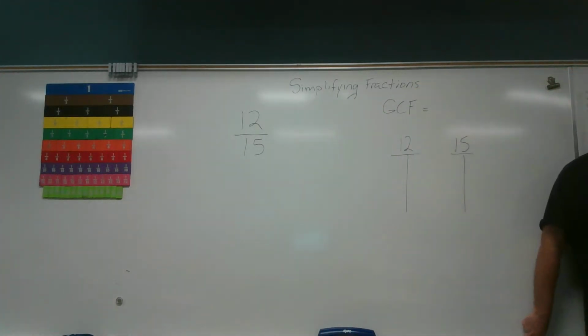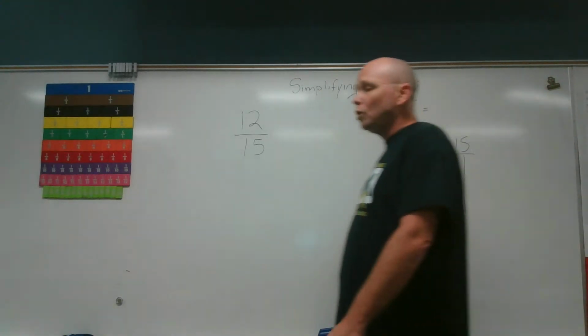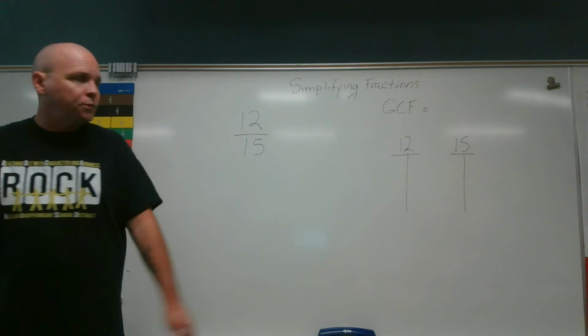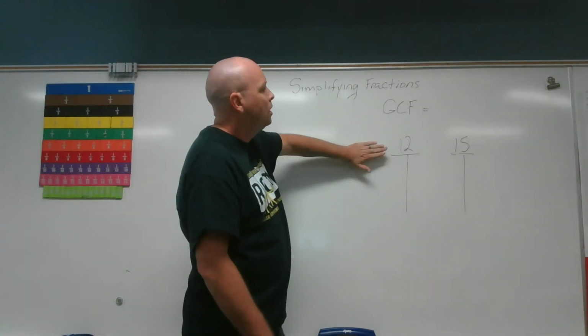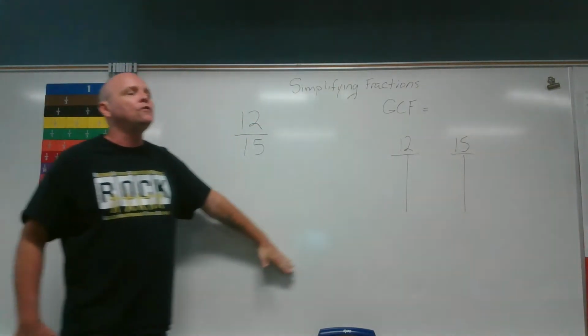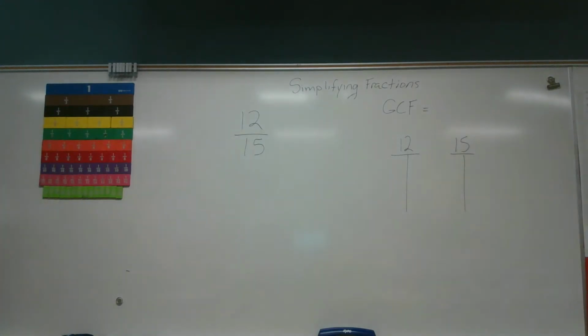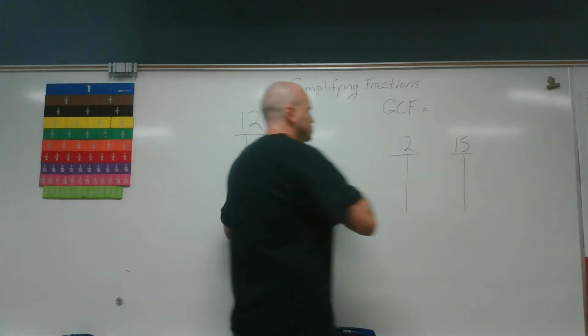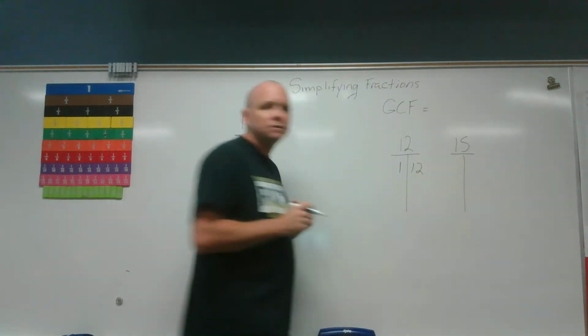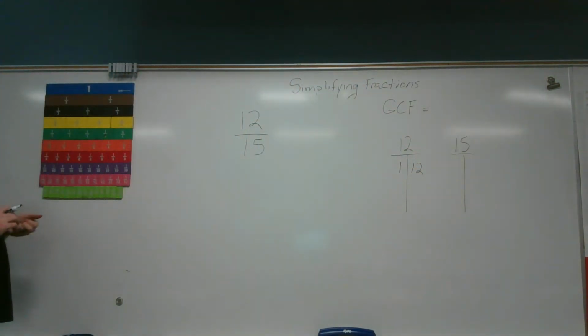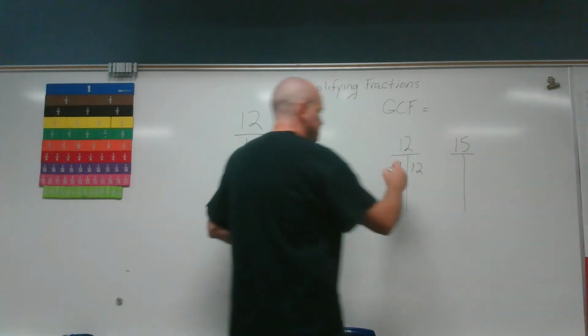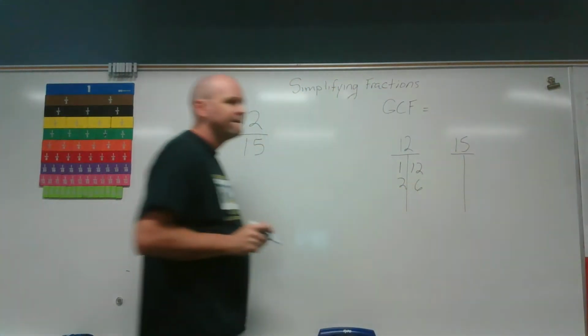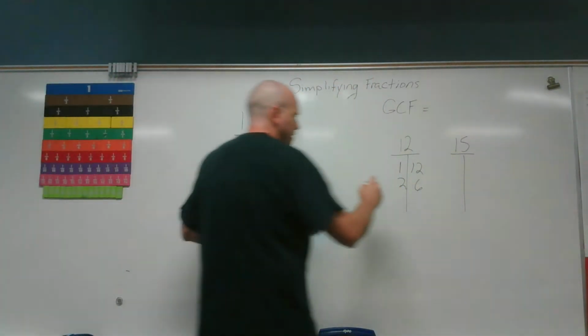Isabella, what do we do? We said we're going to find the greatest common factor, so what are the factors of 12? 1 times 12. 2 times 6. 3 times 4.